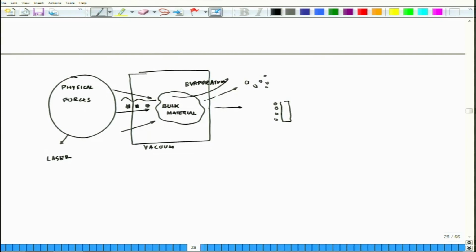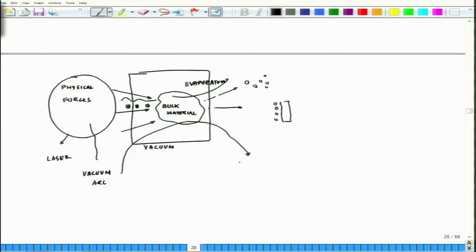Okay. Then we talk about the vacuum arc or vacuum based PVD process, in which the arc is used to vaporize the material. So, as a physical force, you are using a vacuum arc, which is again a very high energy process, and using the vacuum arc you are ablating the material, in which the arc is used to vaporize the material for the synthesis of metallic, ceramic and composite nanomaterials and films.